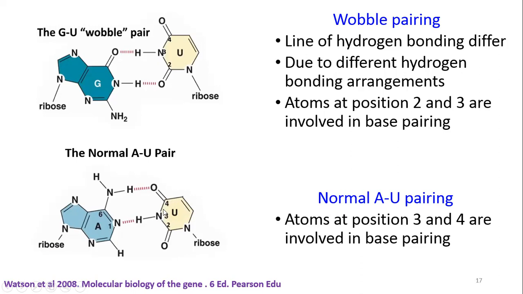Which atoms of the base ring are involved in hydrogen bonding so far as normal AU base pairing is concerned? The atoms placed at position 3 and 4 are involved in base pairing.